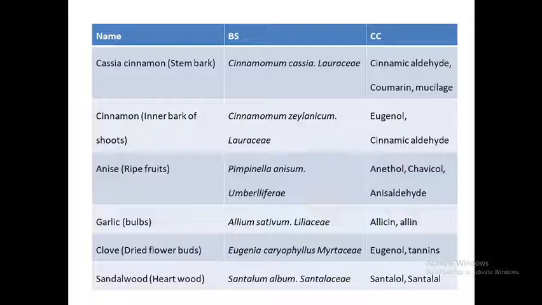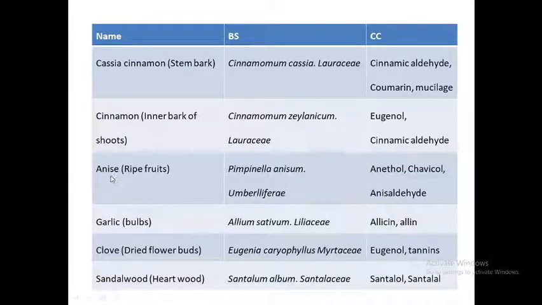The major chemical constituent is cinnamic aldehyde, and other constituents are coumarin, and it also contains mucilages. Next, the cinnamon, which is the inner bark of shoots of Cinnamomum zeylanicum belonging to family Lauraceae. The major chemical constituents are eugenol and cinnamic aldehyde.